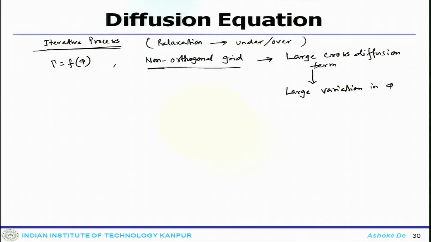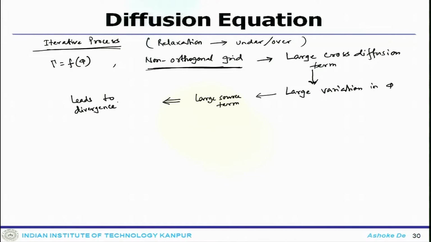So a non-orthogonal grid leads to a large cross diffusion term, and a large cross diffusion term leads to a large variation of phi, which means a large source term, and a large source term can possibly lead to some sort of divergence.